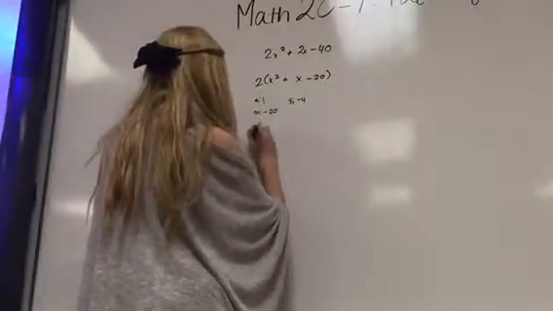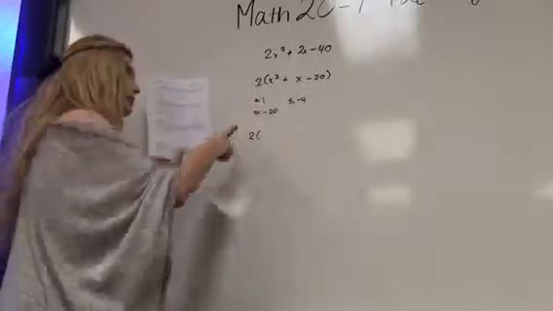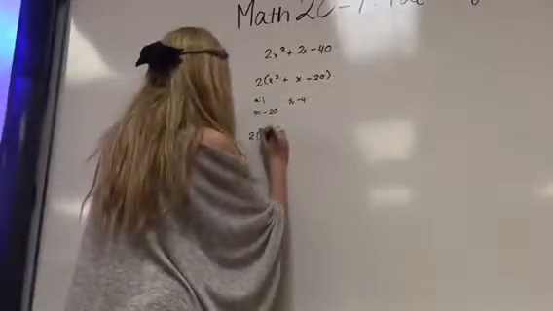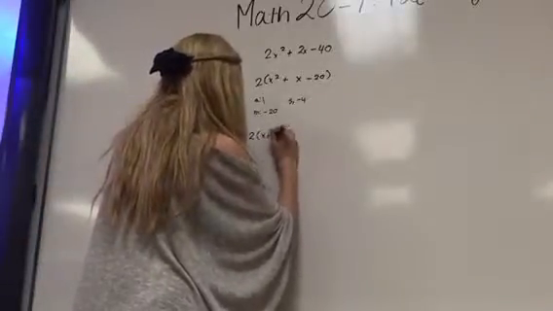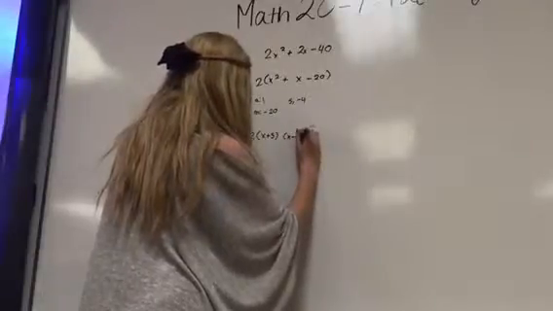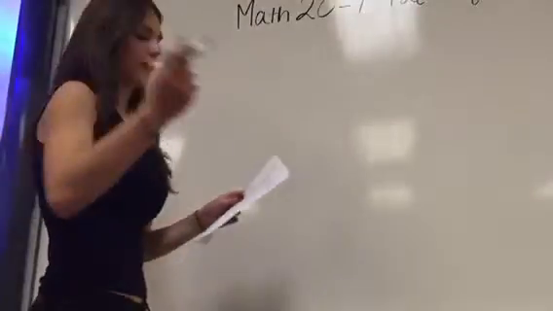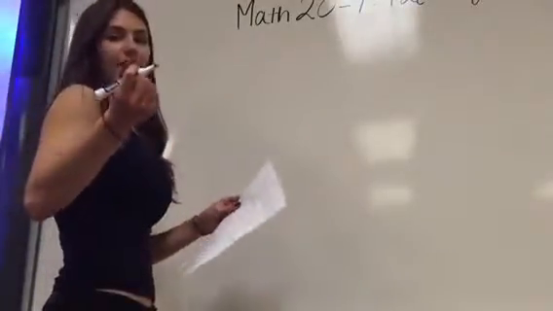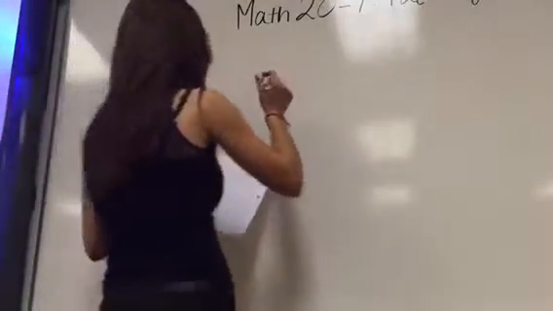So then you keep the 2 out, and you get 2 times (x plus 5)(x minus 4).